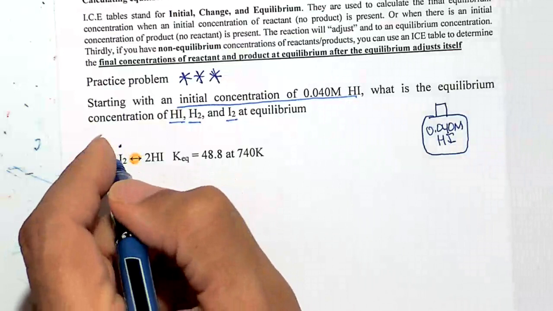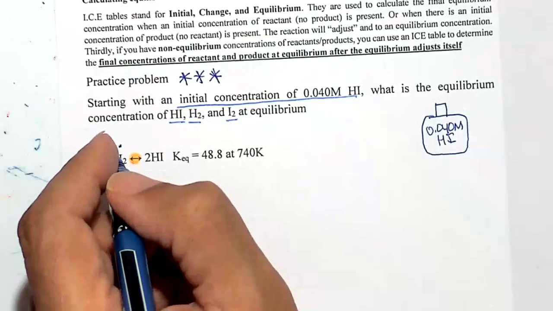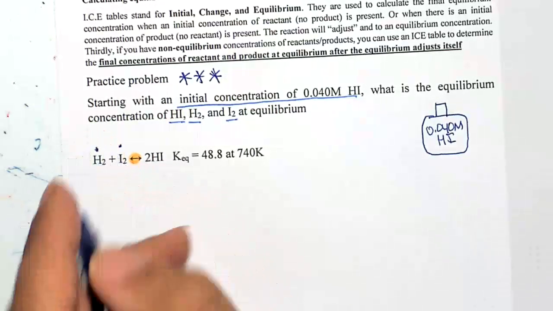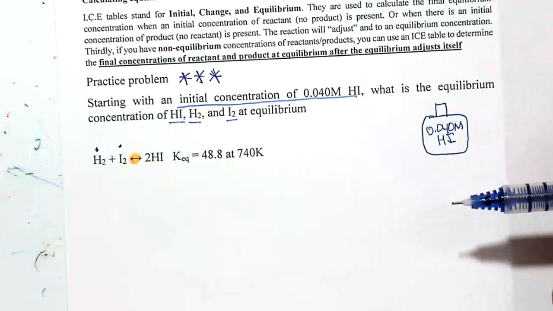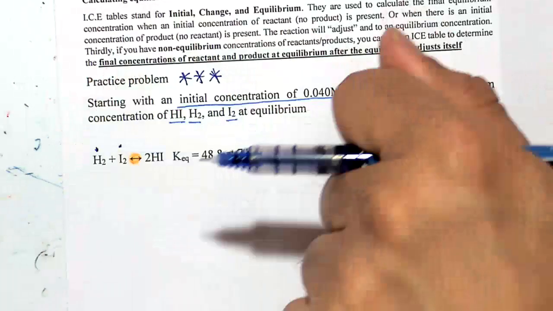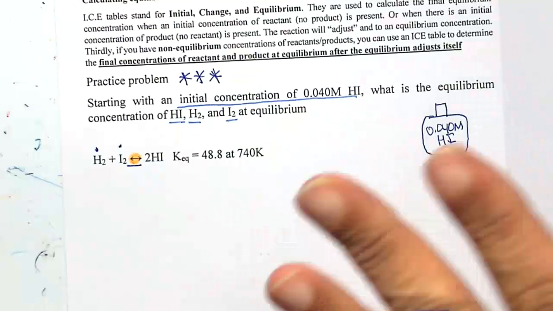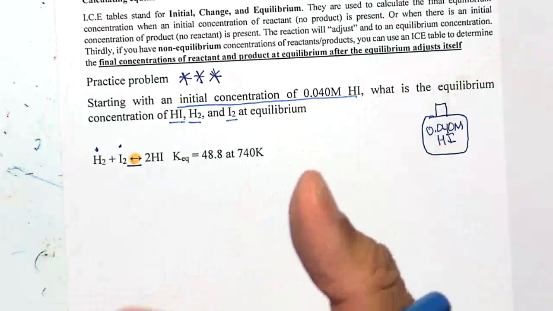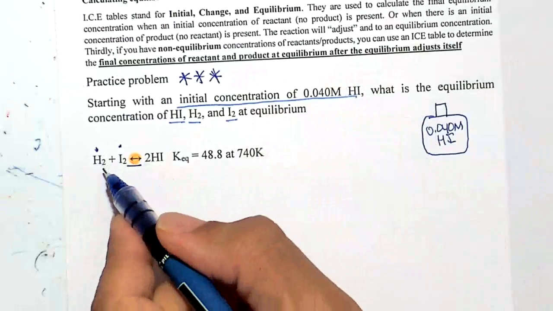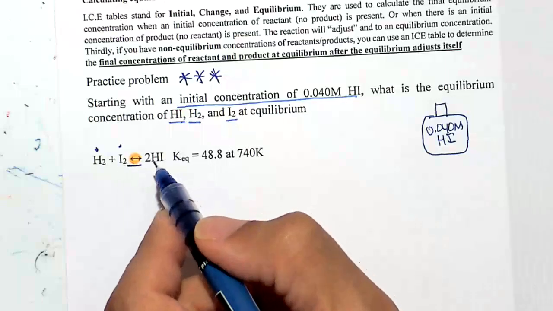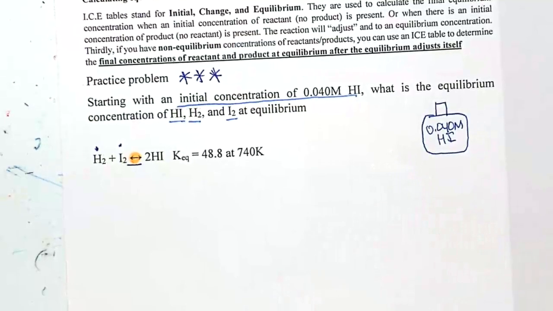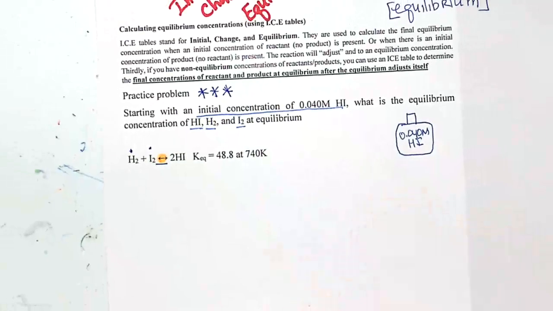This bottle also contains H2 and I2, because it's an equilibrium. So some of this HI will go back, because remember, it's in equilibrium. So when it's all said and done, how much H2, I2, and HI will be there, we're going to use an ICE table to find out.